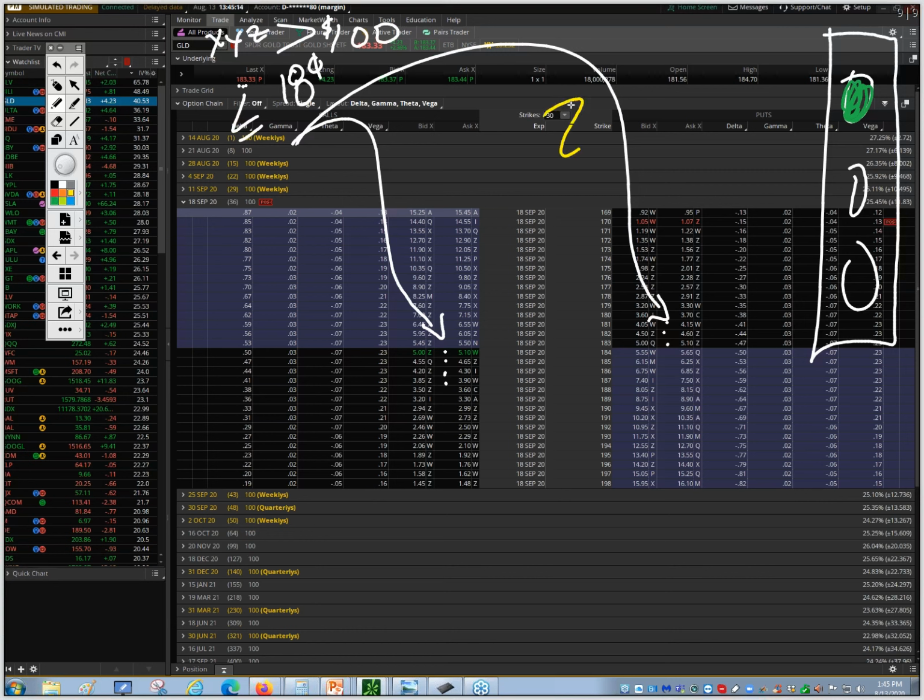Now, if it's 2 times the rule, then we have a yellow light. And if it's 3 times the rule, then we've got a red light. That means it's probably not enough volume and open interest. You can flip over there and look at the volume and open interest, but if you want to streamline, that's what I try to do.